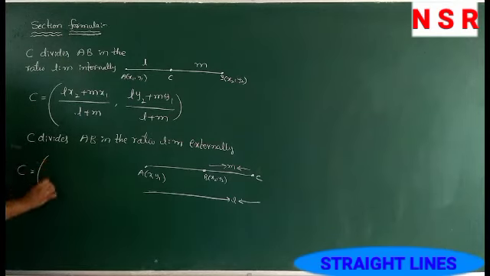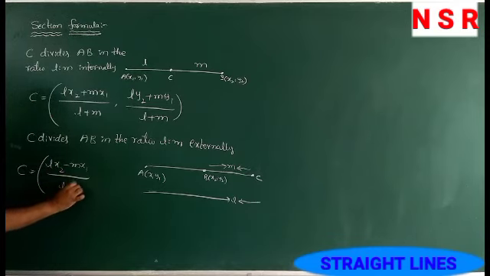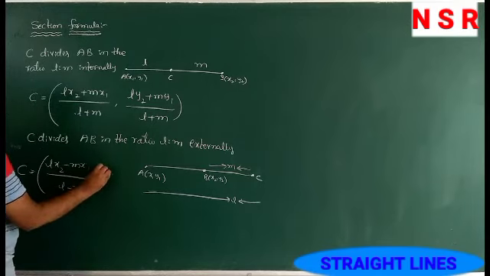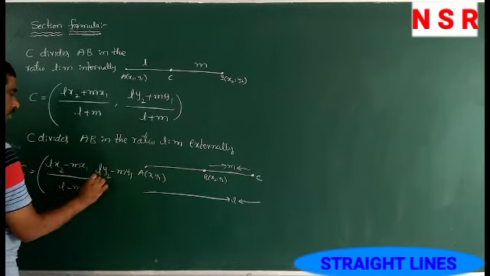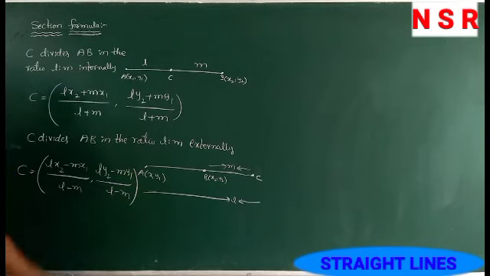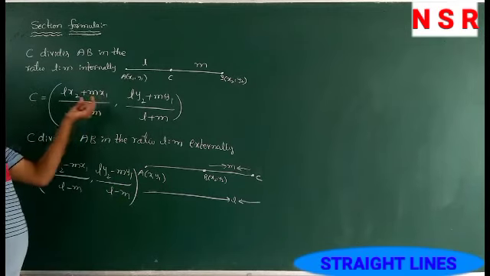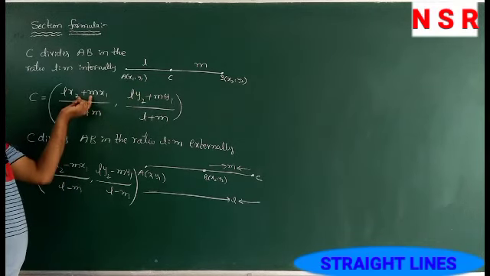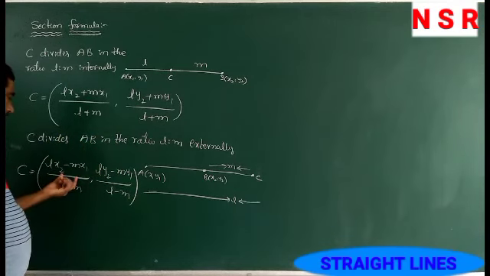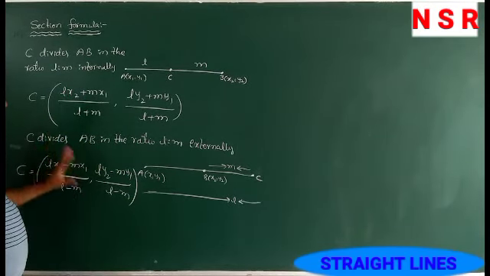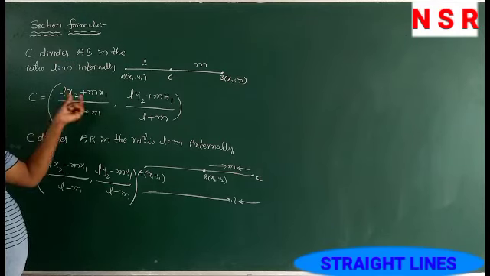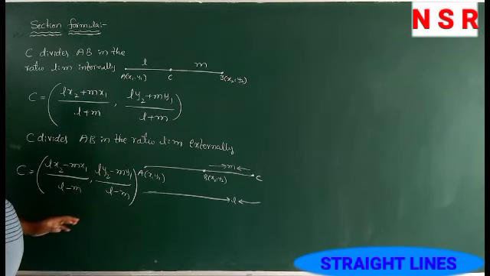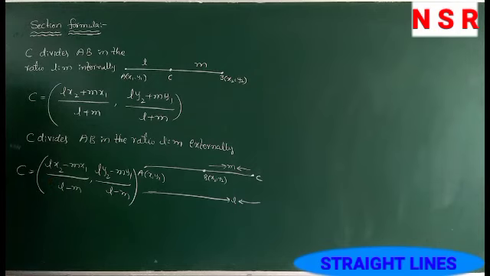Now the coordinates of C are (Lx2 minus mx1) by (L minus m) and (Ly2 minus my1) by (L minus m). If C is internal, we get plus in the formula. If C is external, we get minus. Both formulas are the same. If internal section formula, write plus; if external section formula, write minus. So these are the section formulas.